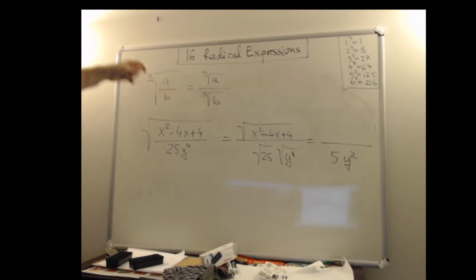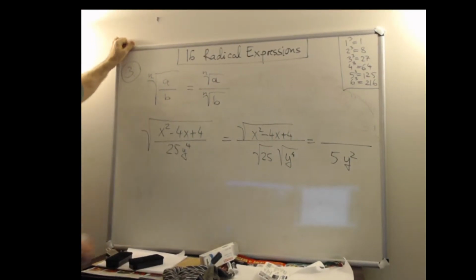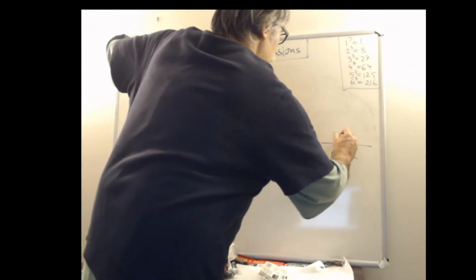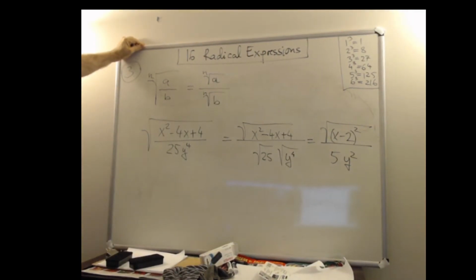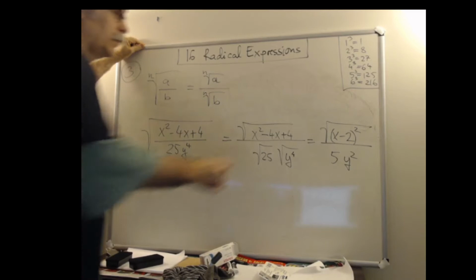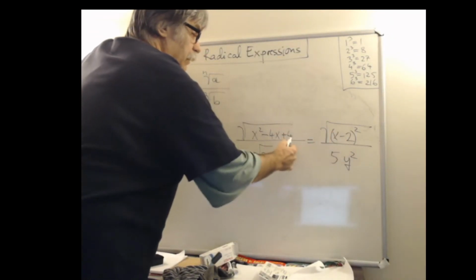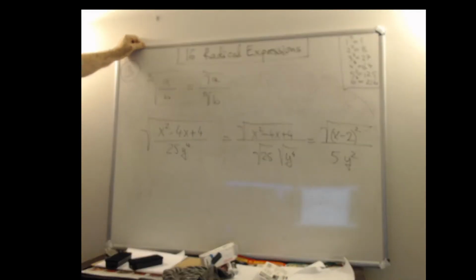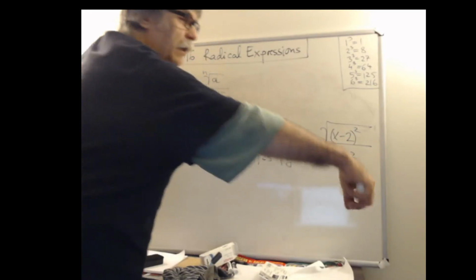So what do you need to do here? You need to find out whether this guy is a square. And it is. It's a square of x minus 2. That's a special product. Square of this guy, x squared. Square of this guy, 4. And what should be in the middle? This one times 2.